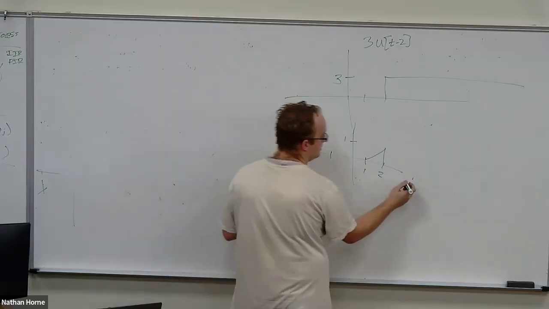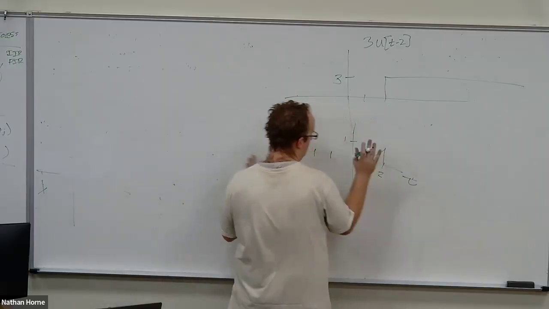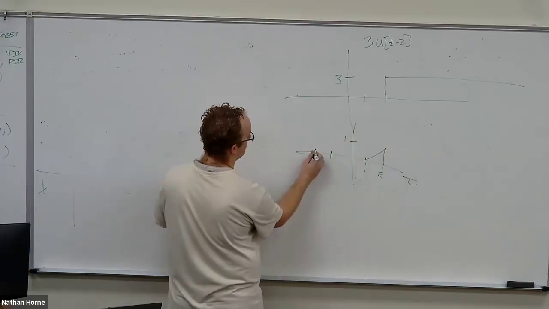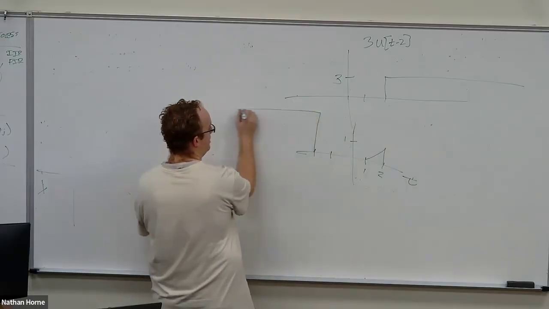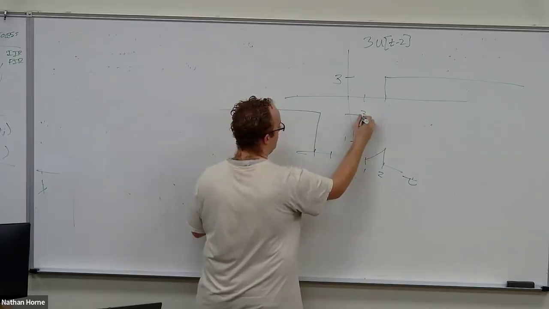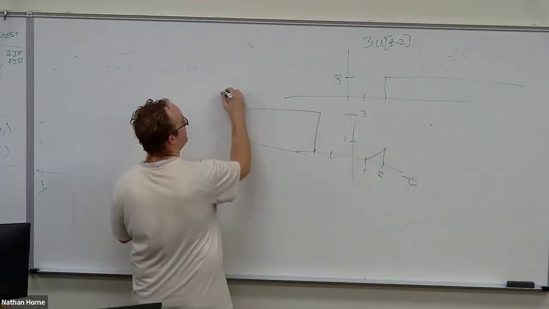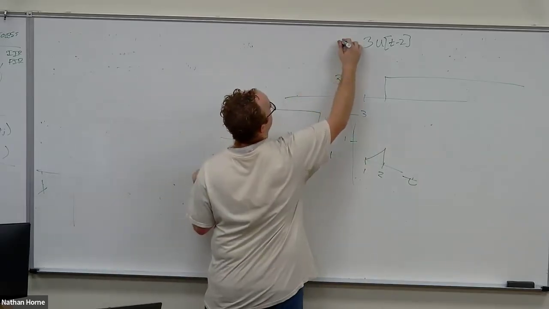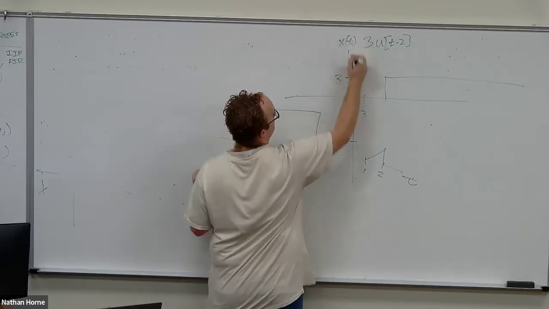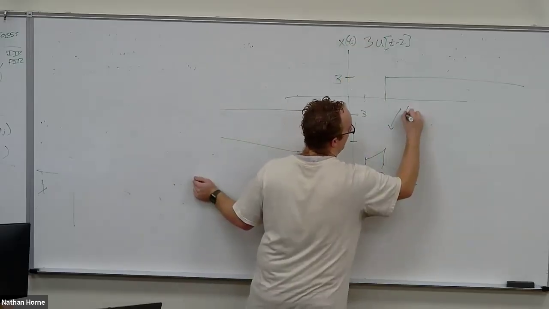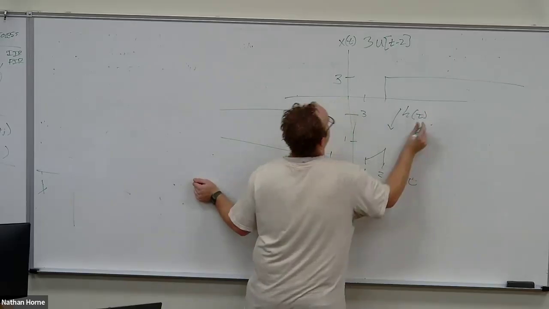So let's just say that this is now the tau axis. Ooh, fun tau axis. And now we have our step function up here at magnitude 3. And this is, say this is x. And this is h. We're in tau now.